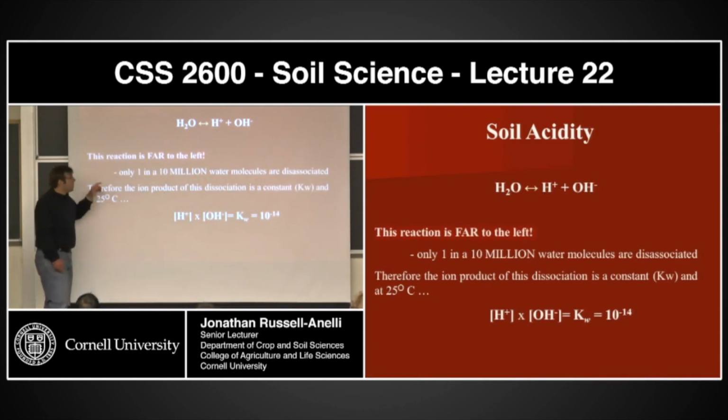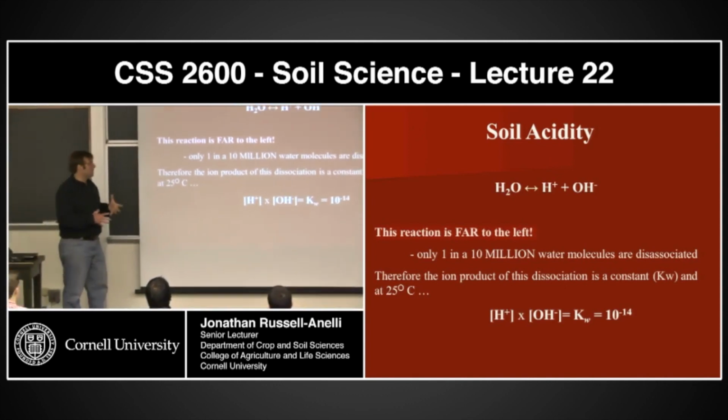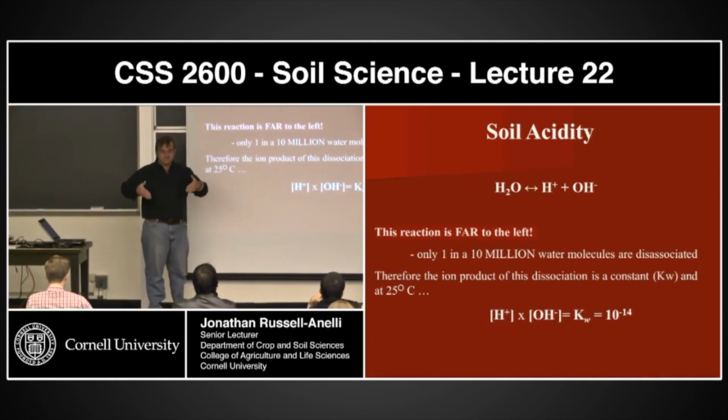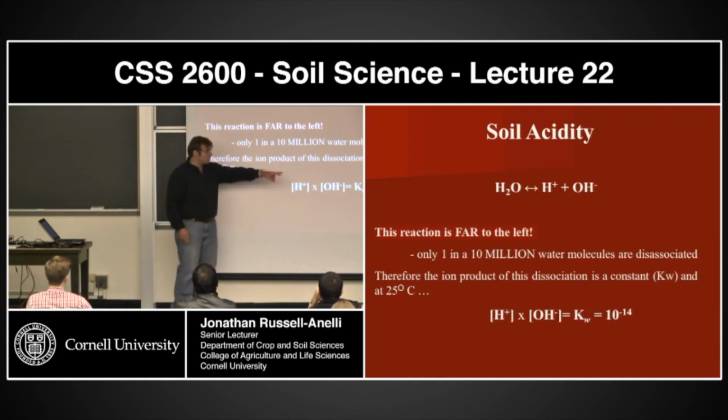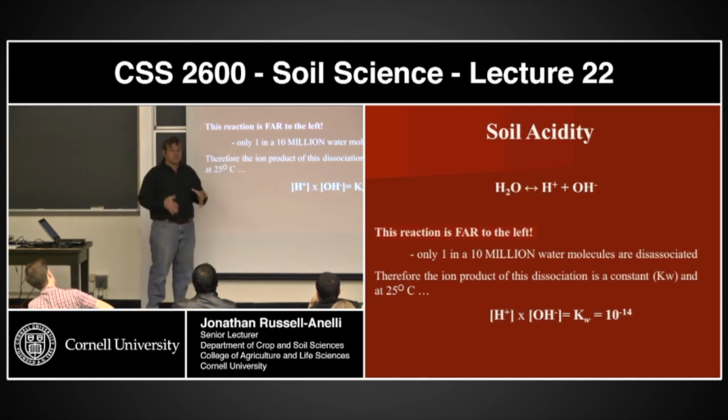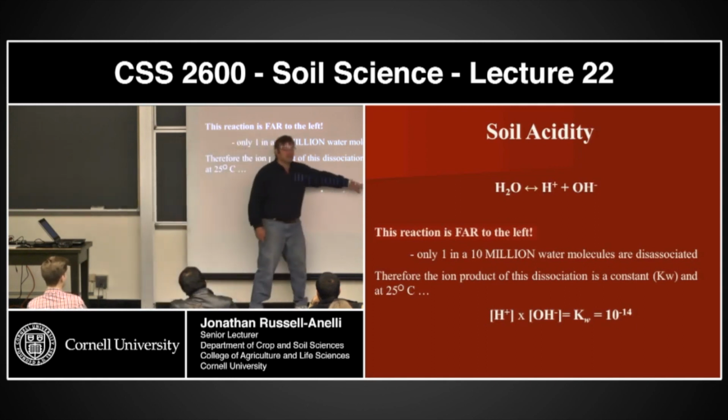Okay, so basically about 1 in 10 million water molecules are dissociated at a given moment. Now, these water molecules will reassociate, but another water molecule will dissociate. So it's at this constant of 10 to the minus 14th. Therefore, the ion product of this dissociation is a constant at 25 degrees Celsius, and that's that constant.